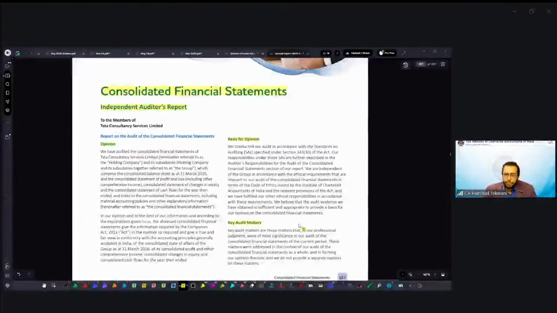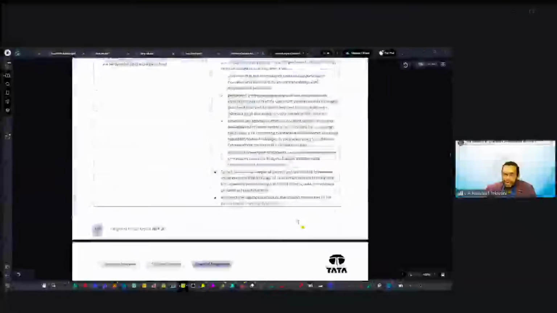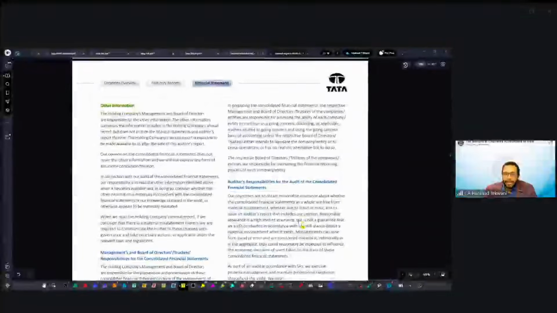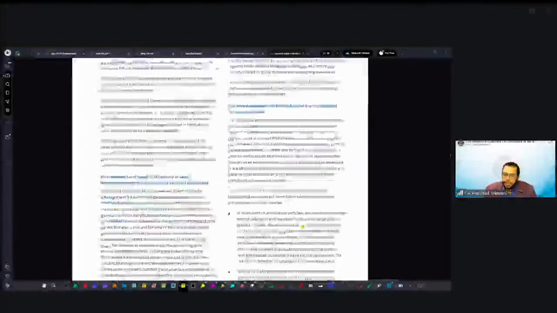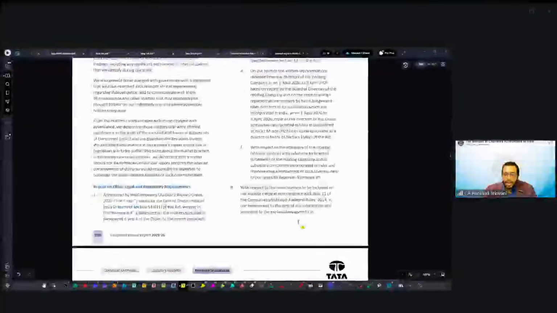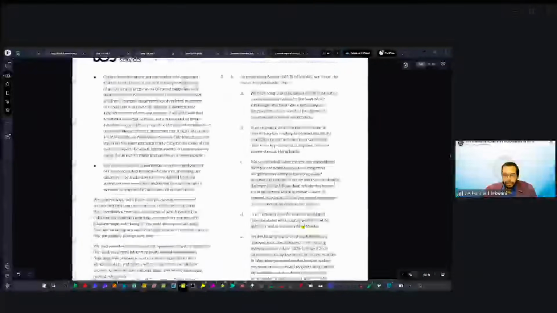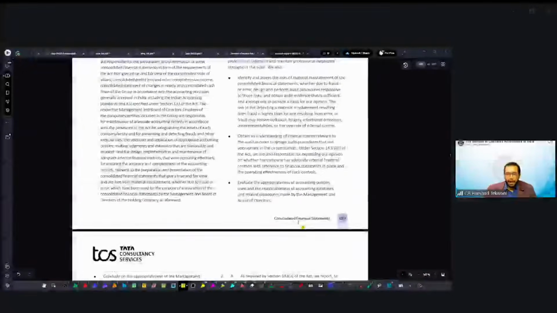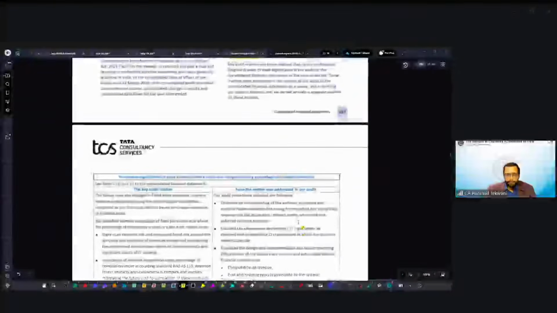These are the same. These will remain the same. But what will differ then? The thing which will differ is a part known as the other matter paragraph, a very important part.